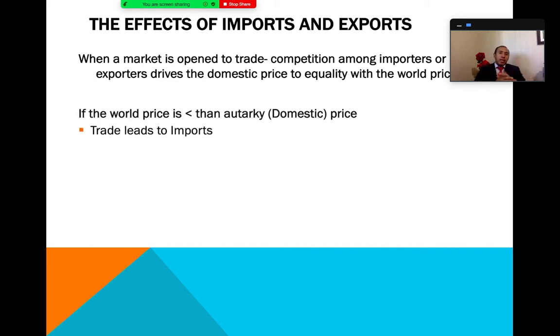And if the world price is less than the autarky domestic price, trade is going to lead to imports. If the price in the world, once you open your economy, is significantly less for the goods and services that your domestic suppliers are producing, because they are produced more cheaply somewhere else, the economy is going to import the products from a different location.